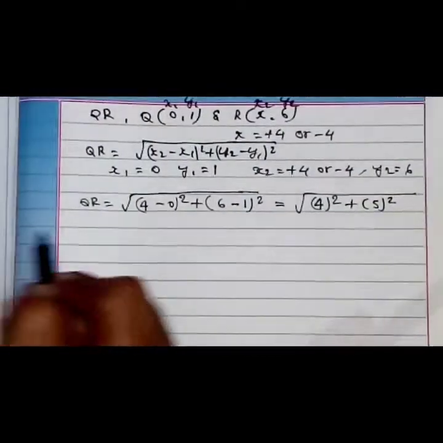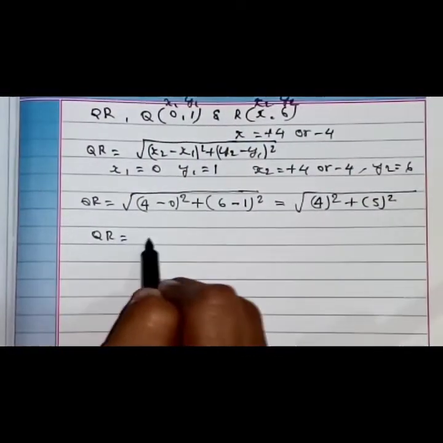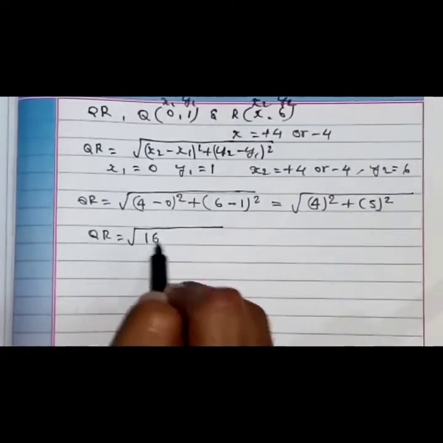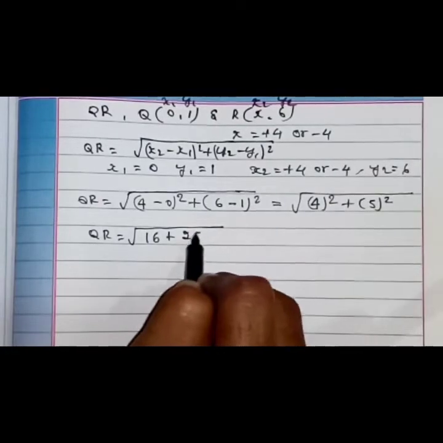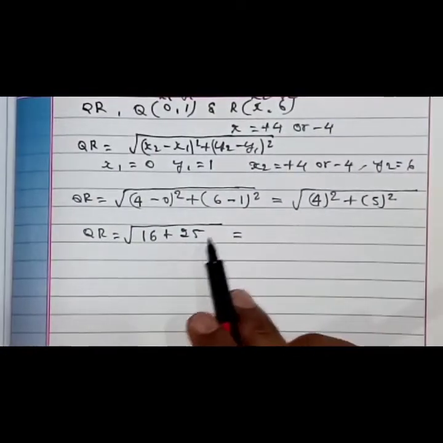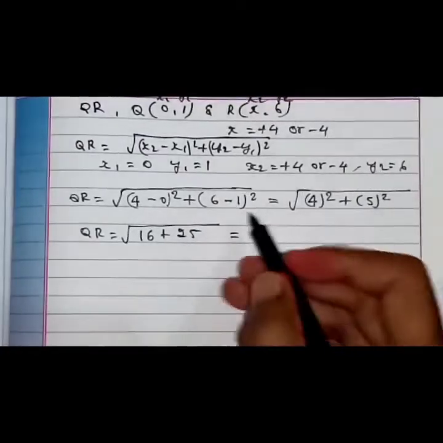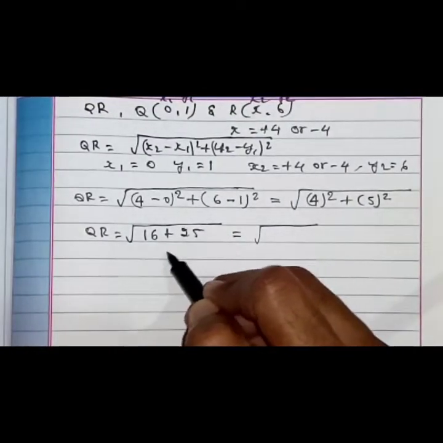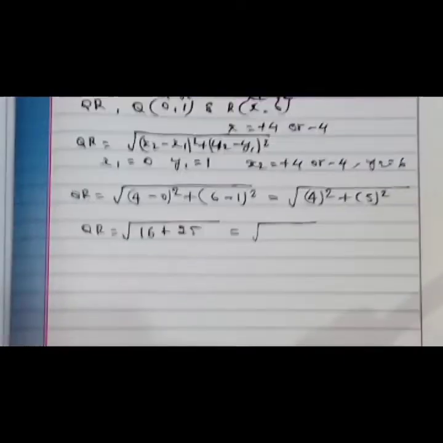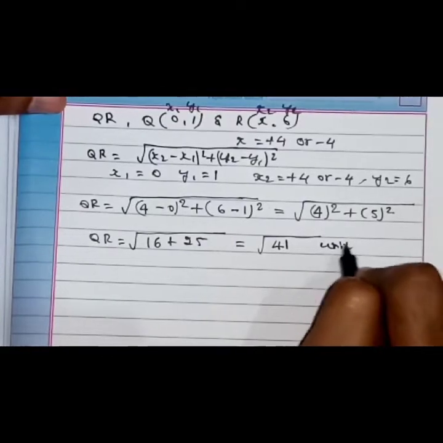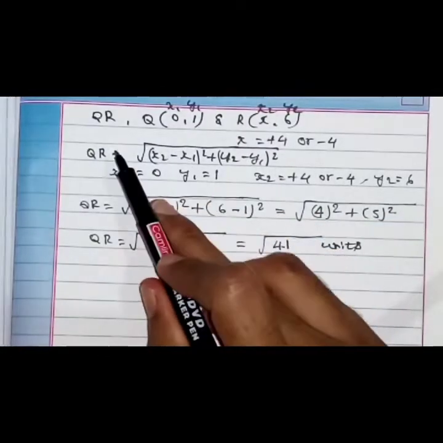Right, children? So therefore simplify this. QR is equal to square root of, so 4 square is 16 plus 5 square is 25. Now add. So therefore QR is equal to root 41 units. Right? So this is the distance between QR.